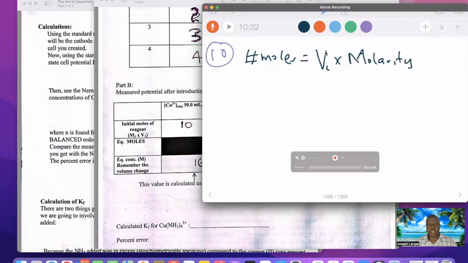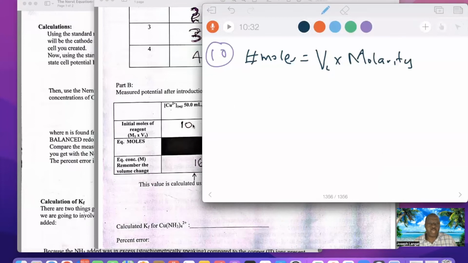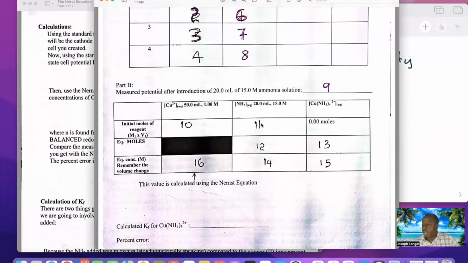So for line 10, figure out the molarity that is given and the volume in liters. You should be able to change that, and it gives you the number of moles. Likewise, for line 11, the number of moles of NH3 is given by the volume in liters times the molarity of NH3, which is here.